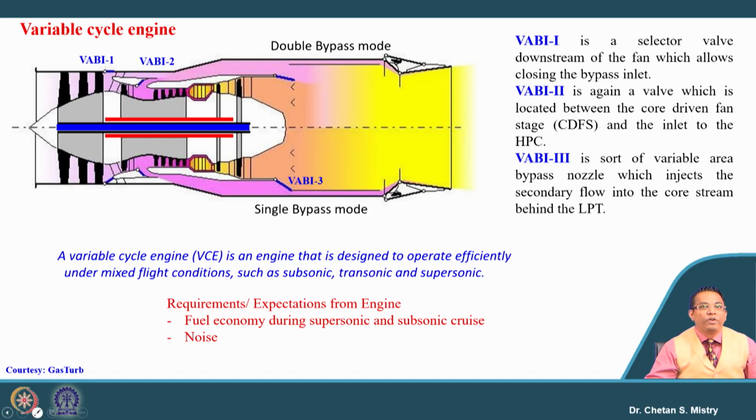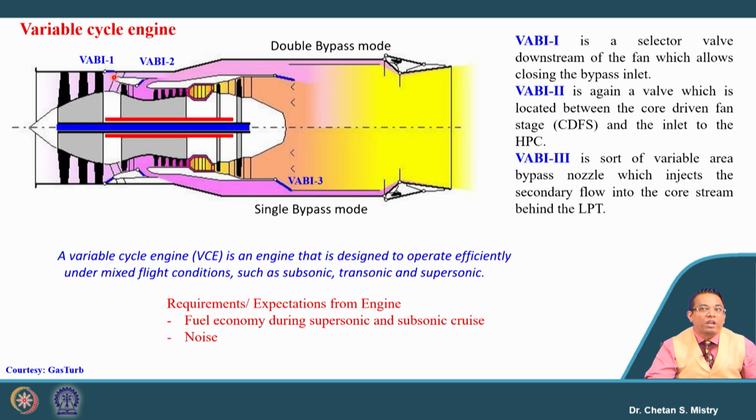Here, this is representing the engine, and the speciality of this engine is that it is labelled VB1, VB2, and somewhere VB3. What is VB1? It is a variable injector, or a selector valve, placed at the end of the fan.